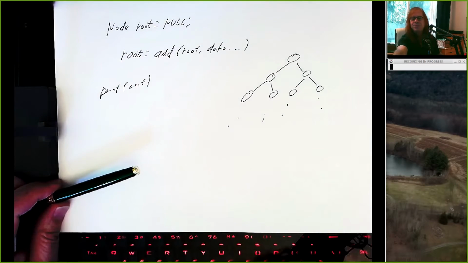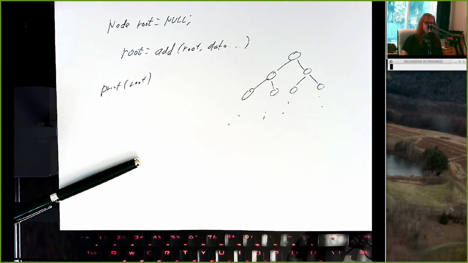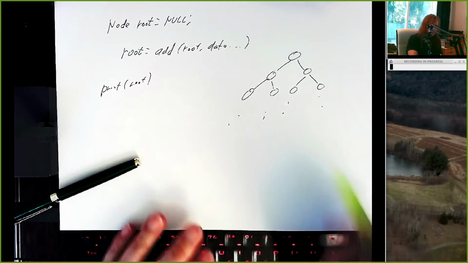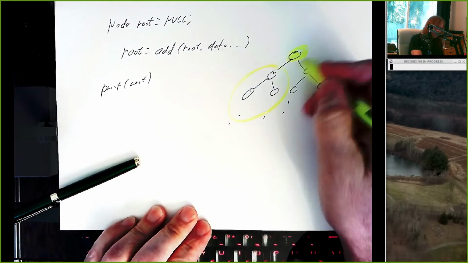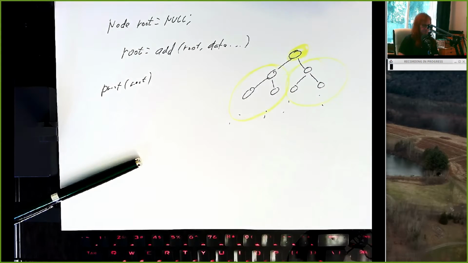And we can print the contents of an entire tree by doing 3 things: printing the root node, printing the left subtree, and printing the right subtree. And that will, by definition, print every node in the tree.